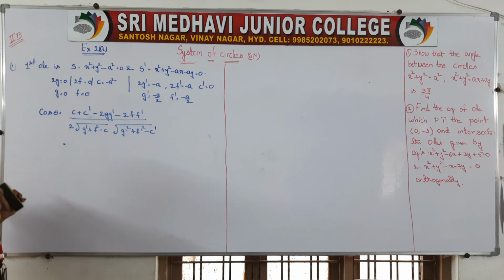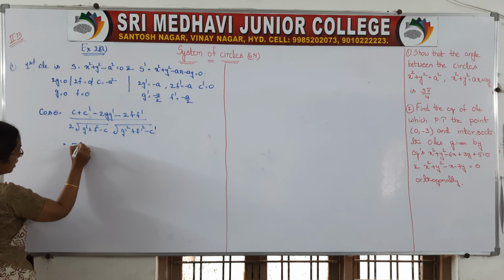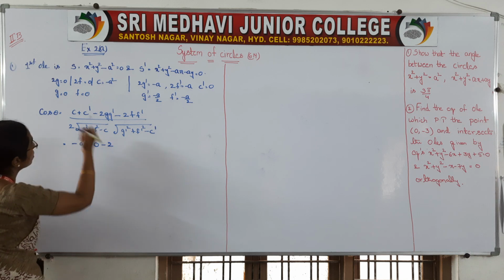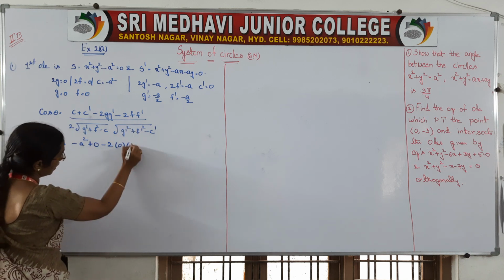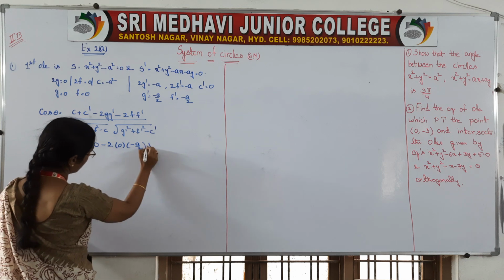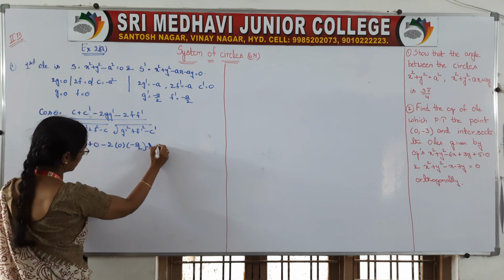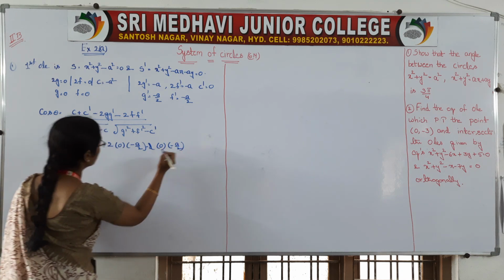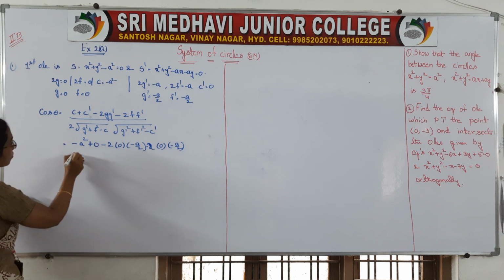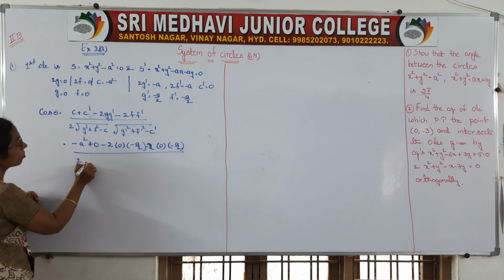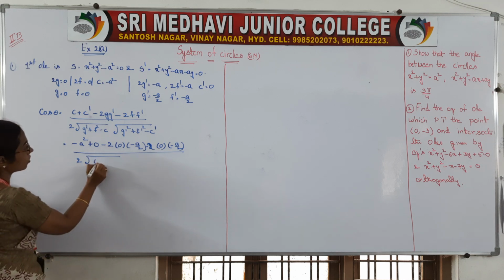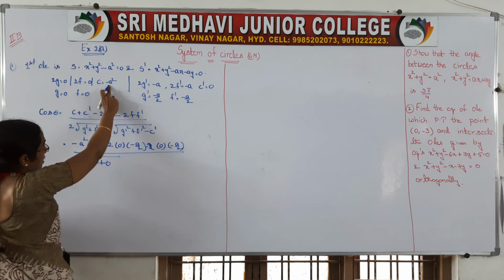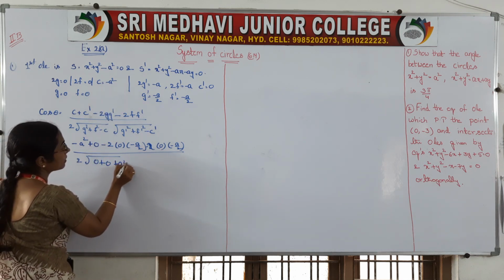Substitute: c is minus a square, c dash is 0, minus 2g g dash is 0, minus 2f f dash is 0, divided by 2 into root of 0 square plus 0 square minus c, that is plus a square.